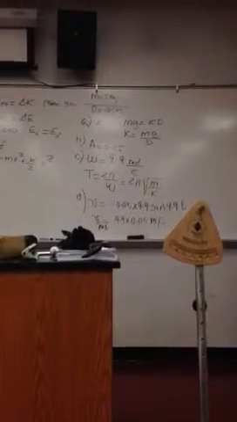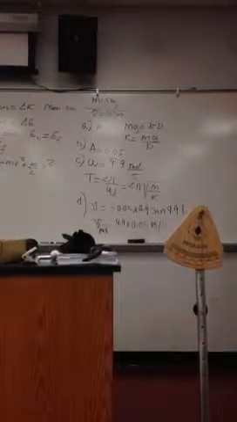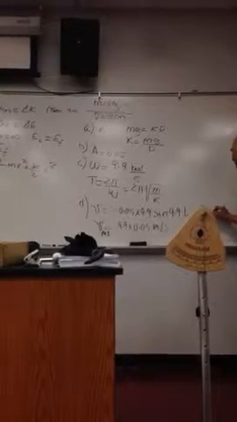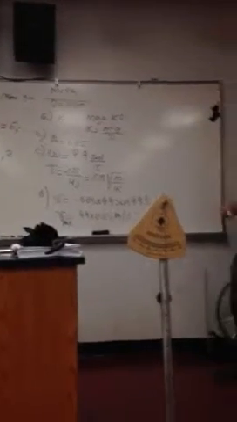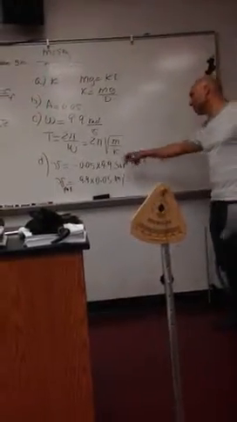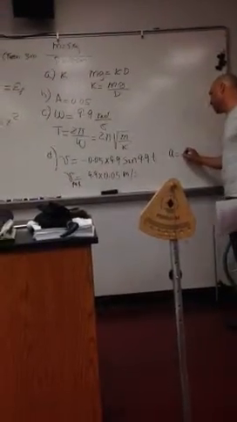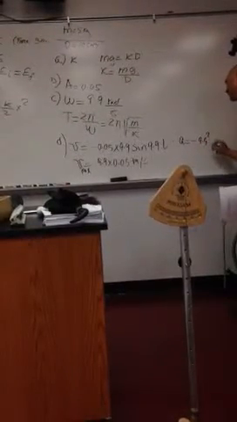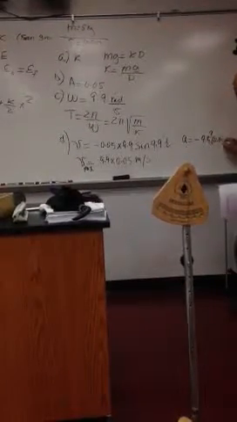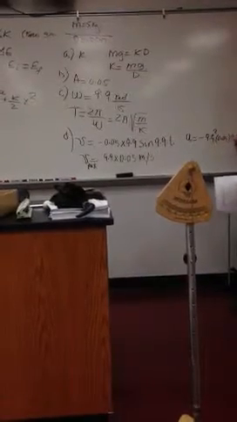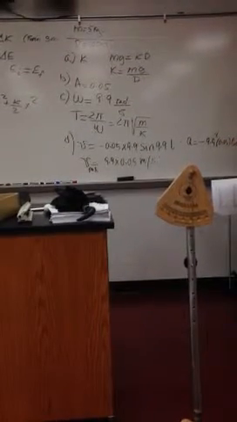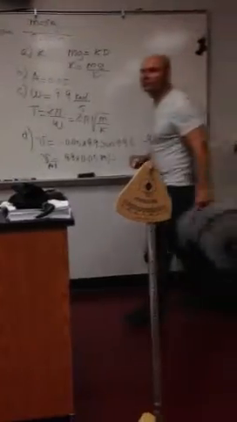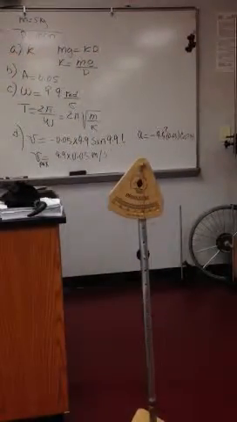Find the acceleration. Find the acceleration at any time. What do we do? Derivative of the velocity, which will be negative 9.9 squared times 0.05 times cosine 9.9t. Find the maximum acceleration.